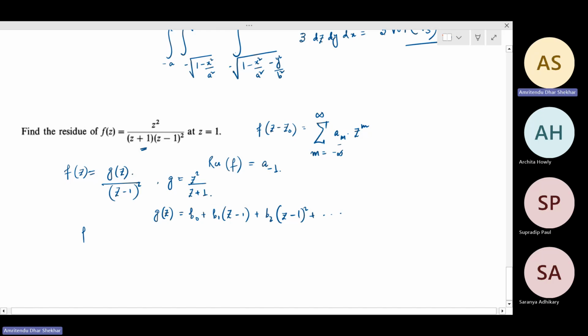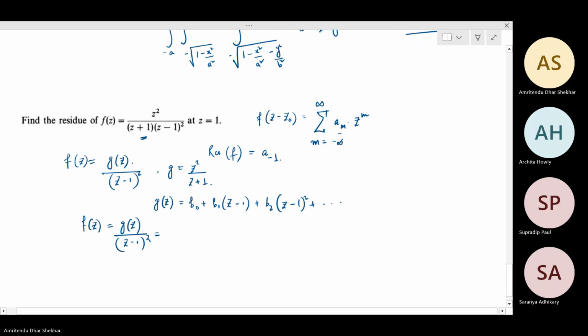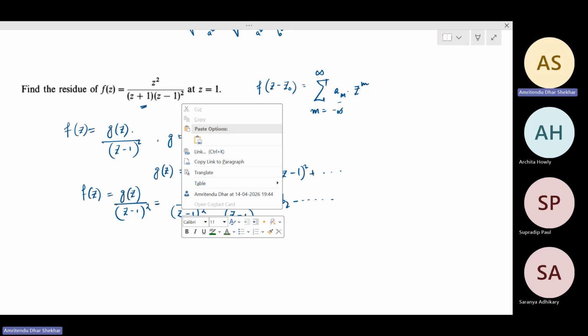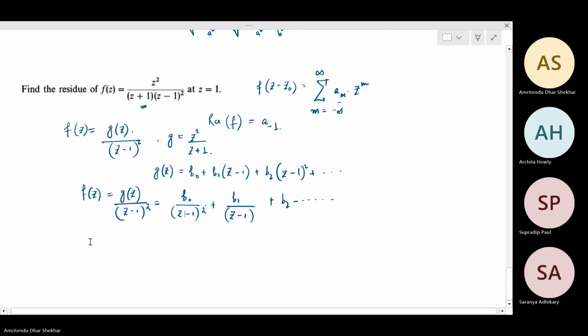So when you do f(z) equal to g(z) by (z minus 1) squared, that would be equal to b0 by (z minus 1) squared plus b1 by (z minus 1) plus b2 and so on. So the term which has a power of minus 1 would be basically b1.